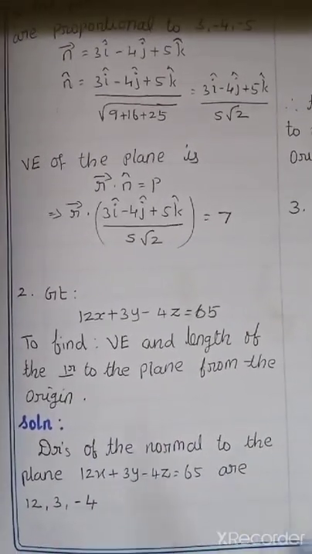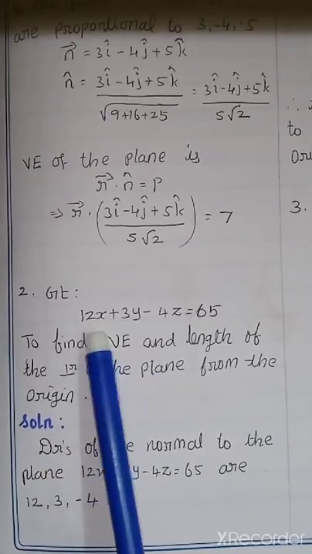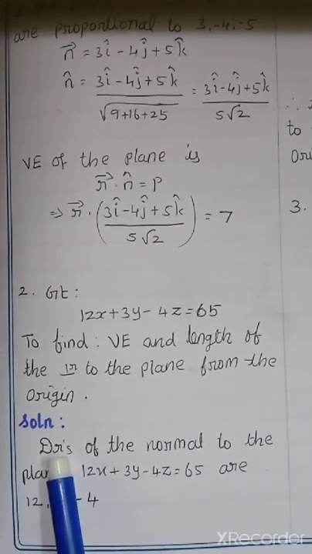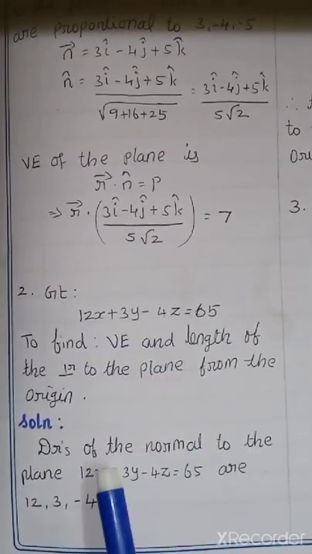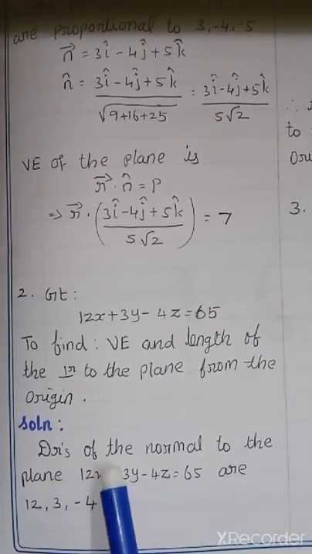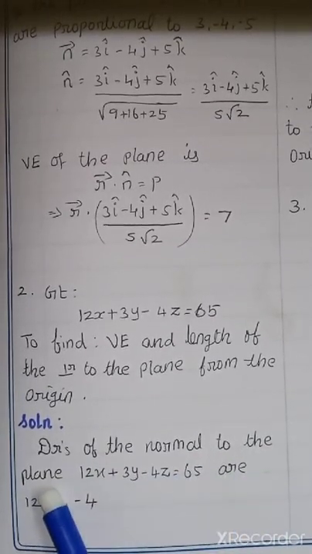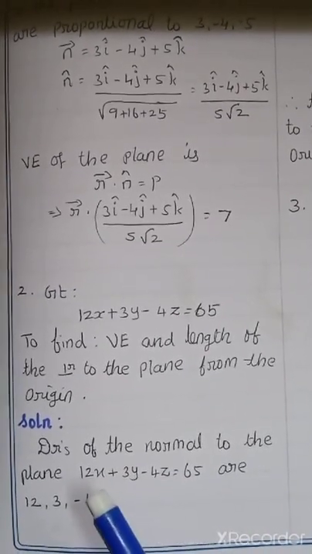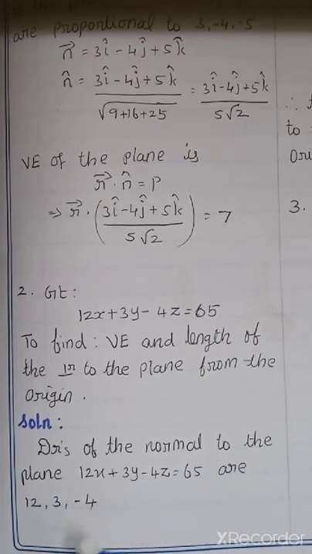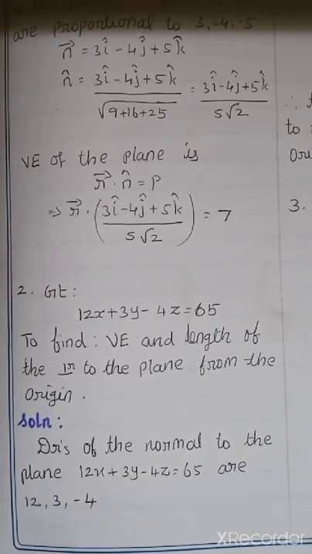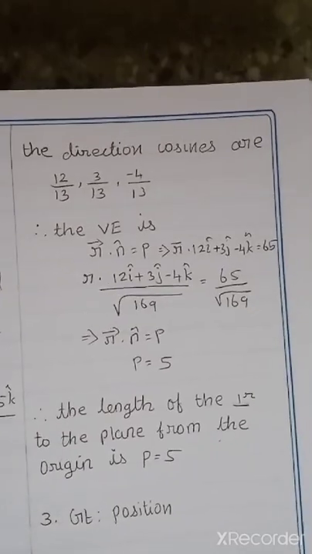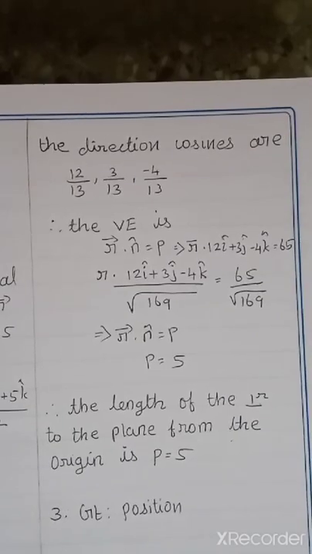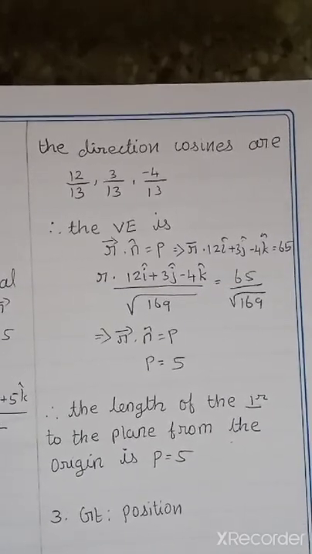Okay, so look here. Direction ratio is given, so from this can we find the direction cosine? Yes, just take down the numbers alone. So the direction ratio of the normal to the plane 12x plus 3y minus 4z equal to 65 are 12, 3, minus 4. Is that clear? So your next one. Direction ratio we know, so how to find the direction cosine?